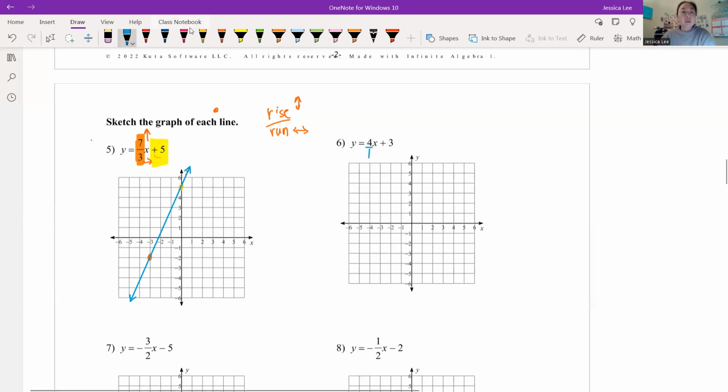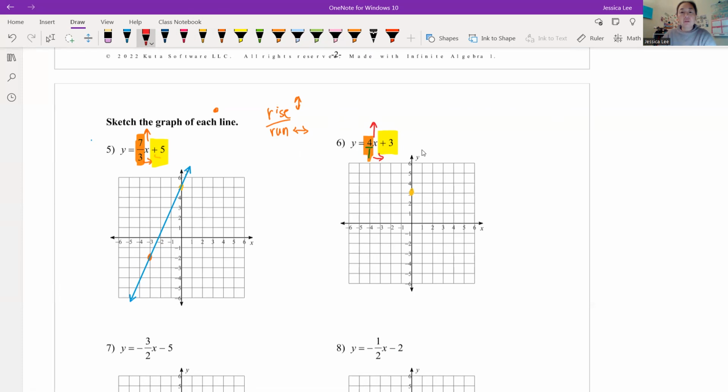So here we go, let's try this again. The y-intercept is 3, so we're going to go right here on the y-axis at 3. Then we're going to do our slope. Our slope is 4/1. 4 is positive, so it's going to be up 4 and then to the right 1. So we're going to go up 4: 1, 2, 3.